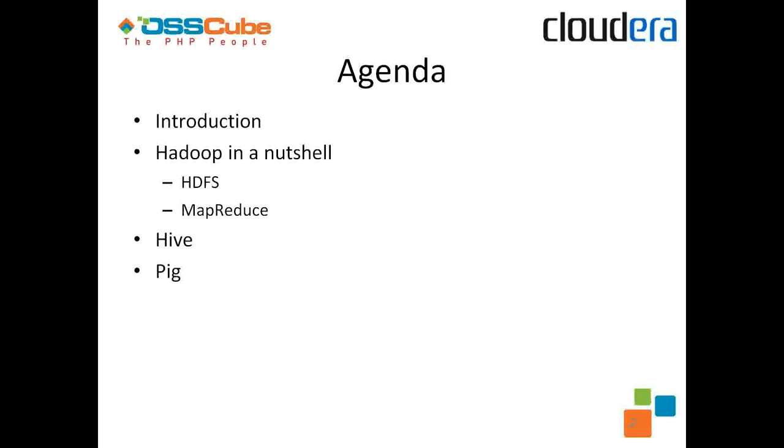So I'll just briefly touch upon some of the aspects of Hadoop in general, and then we'll move on to Hive and Pig. And after I cover each topic, I will be giving a live demo of each of the products, so you have a bit of a feeling of what it's like to use the product.